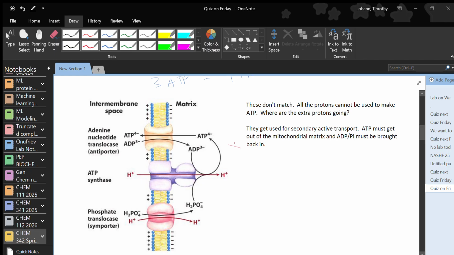So let's look at that. More negatives go out than come in. And it's positive outside.